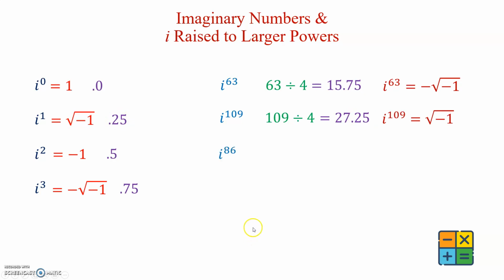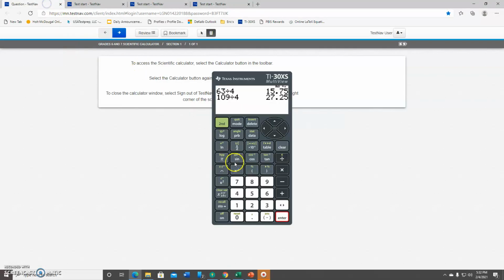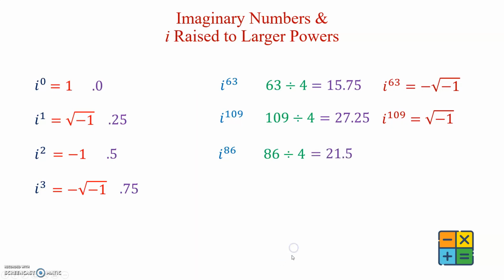I to the 86. 86 divided by 4 gives us 21.5. So there's our decimal. This 0.5 is the same as that one. So our answer is -1.